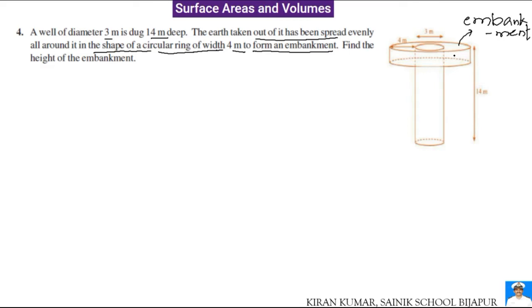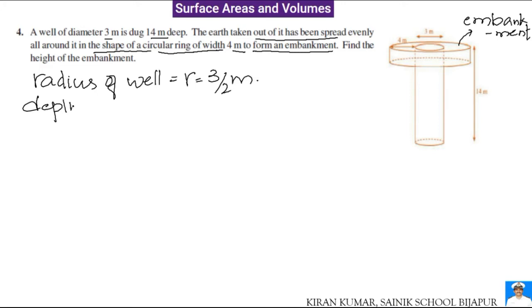Here they have mentioned that the diameter of the well is 3 meters, so the radius of the well will be 3 by 2 meters. The depth of the well is given.